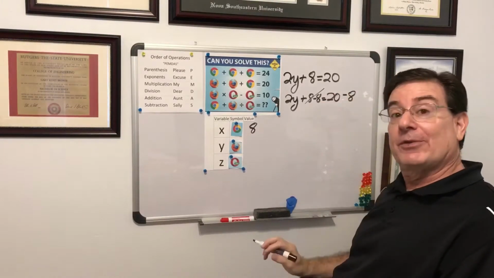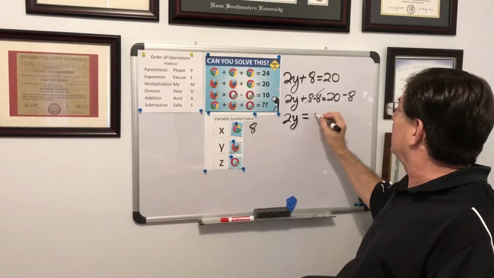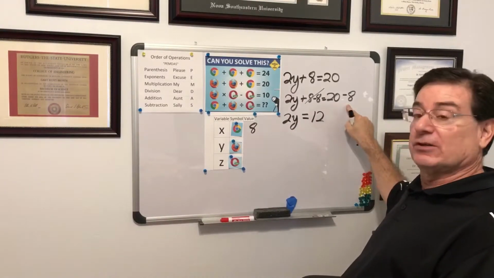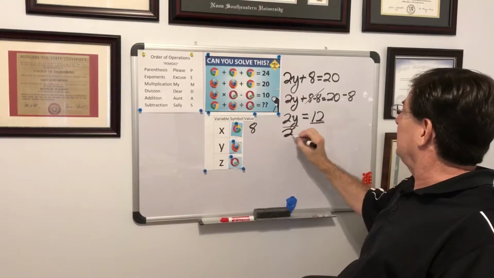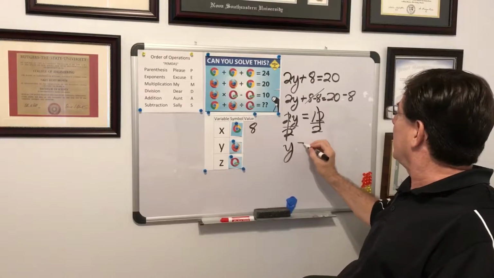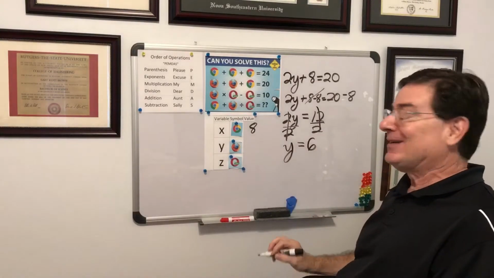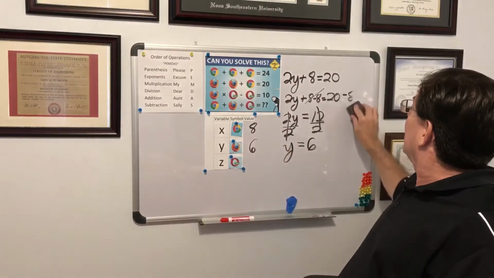The 8s, we set up those on purpose so they would cancel. So we have 2y equals 12, summation of 20 and a negative 8. And then we do the division of the identity. So we'll get those to cancel. This becomes 1y equals 6. So we're doing really great. We're almost done. Just a little bit more to go.